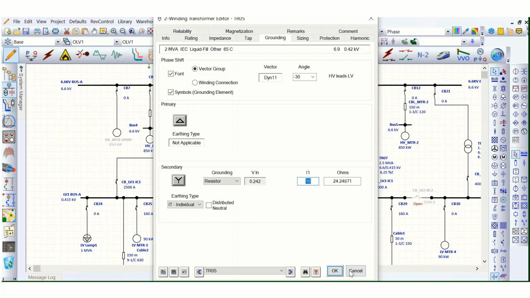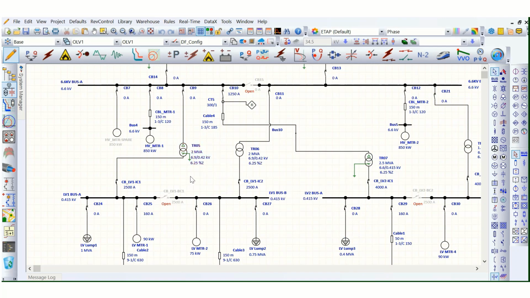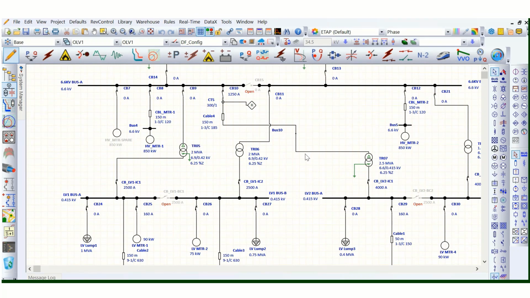The main problem is that it will be very difficult to sense the ground fault current, because this will be too small, so it will be difficult to sense this sensitive ground fault. So this is not recommended for a low voltage system.